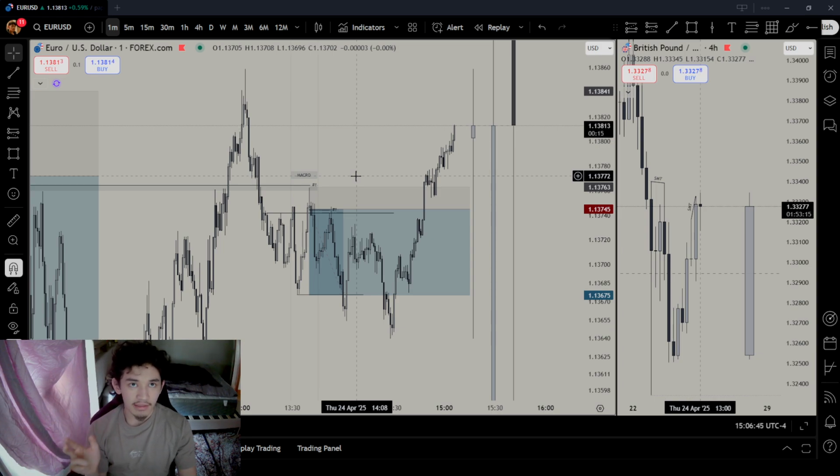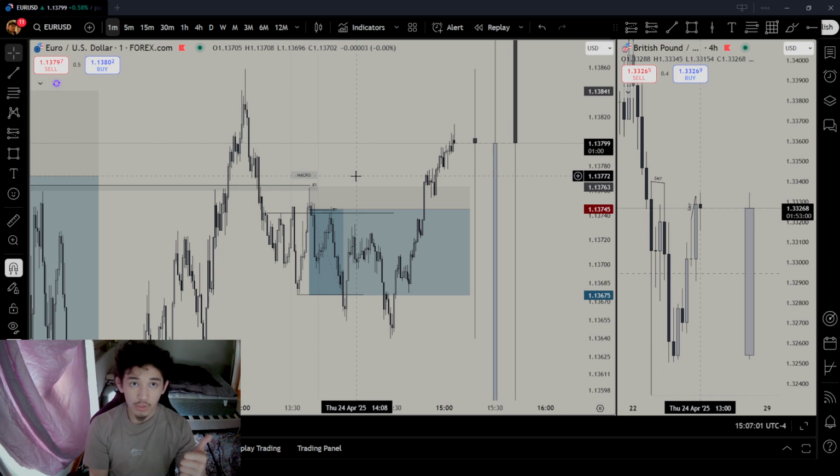And why do I not say 1:10 all the way to 1:30? Because the first half is going to be used as accumulation. The first half is going to be the first 20 minutes of the macro.